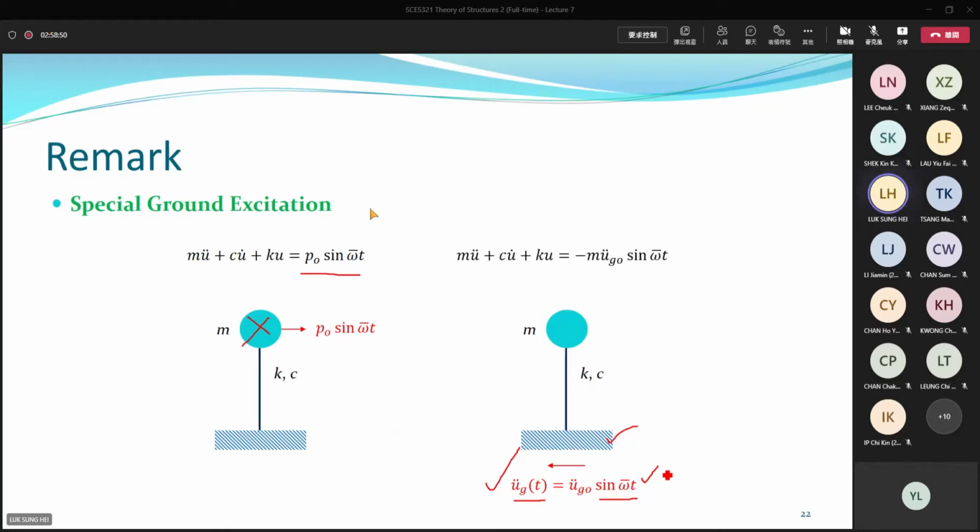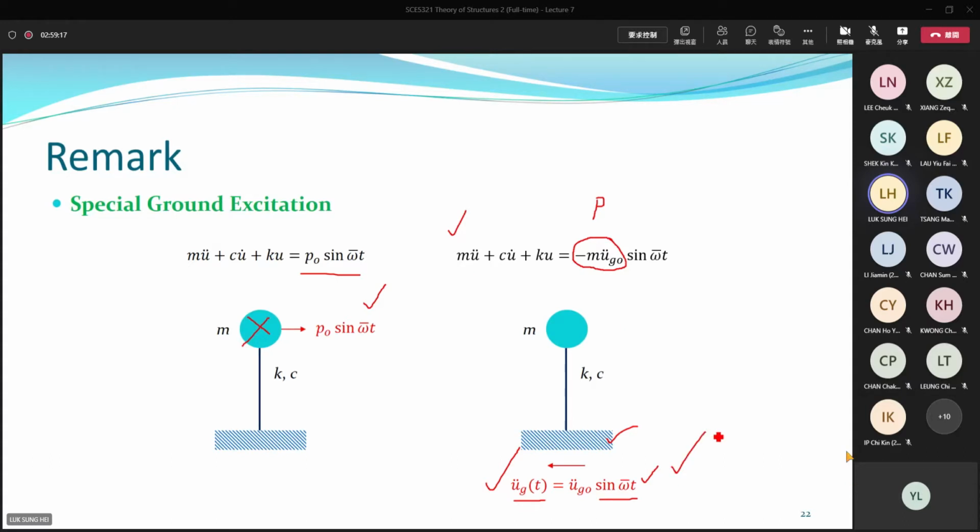this becomes the equation of motion. You can group the coefficient into a single number. So actually you can see that these are two identical problems: structures under a sinusoidal force and structures under a sinusoidal ground acceleration.